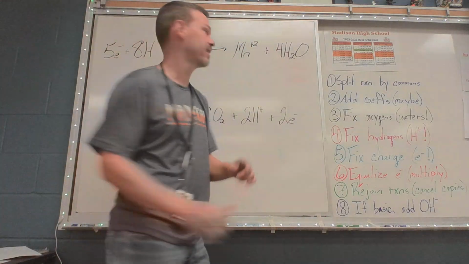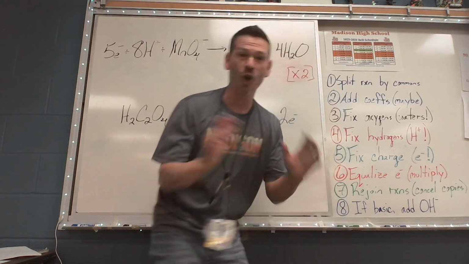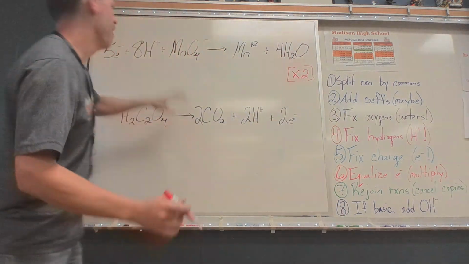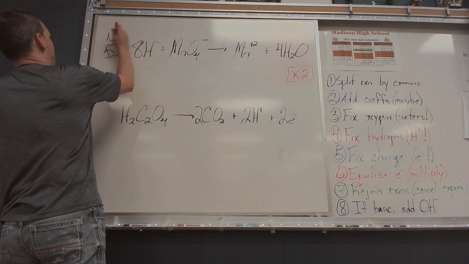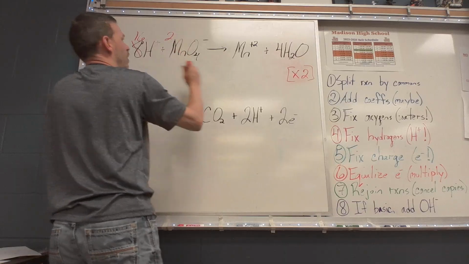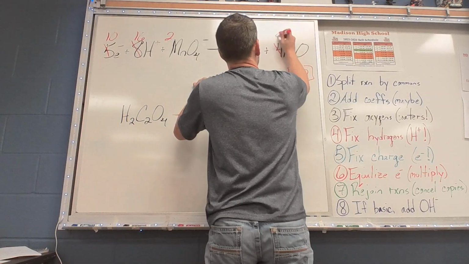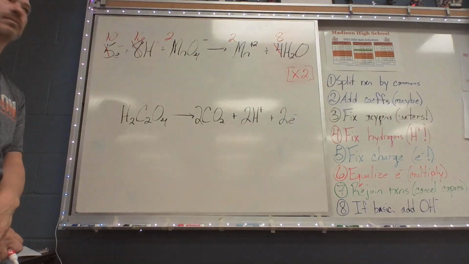I'm going to multiply it by 2, and it's just all the coefficients. It's the mole ratio. If I multiply the whole reaction by 2, this becomes 10, and this becomes 16, and this becomes 2, and 2, and 8. Do you see how I got to those numbers?